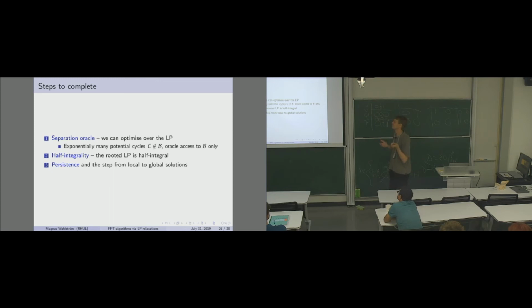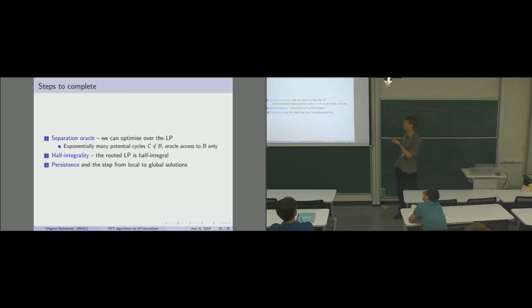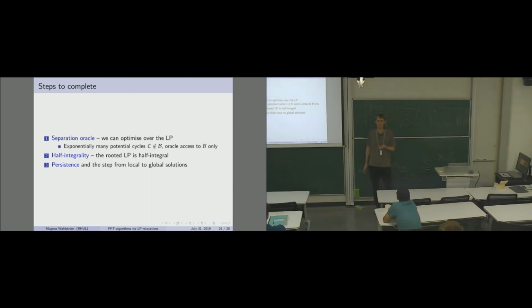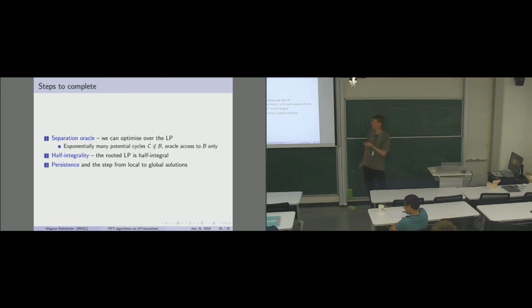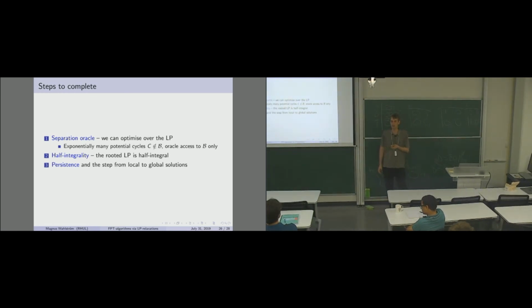And again, both the half integrality and particularly the local to global step of persistence, both things hold using only the axioms of biased graphs. For the half integrality, I could hand wave a reason for why it should be half integral. For the persistence, even having written the proof, even though the proof is not extremely long, I couldn't hand wave my way around why it holds.